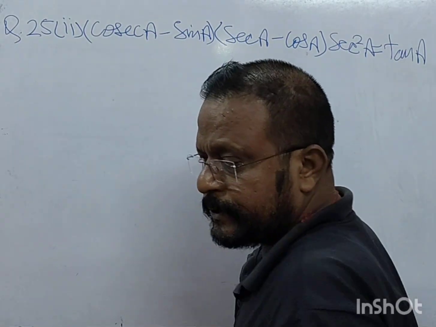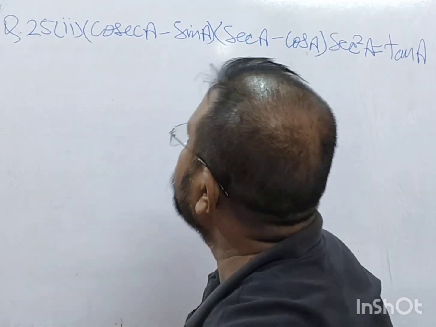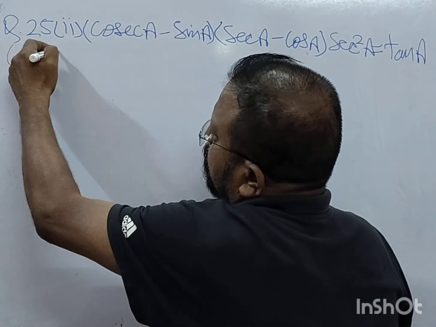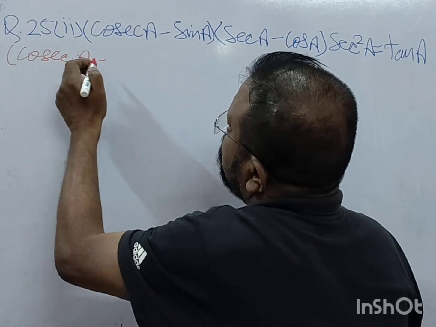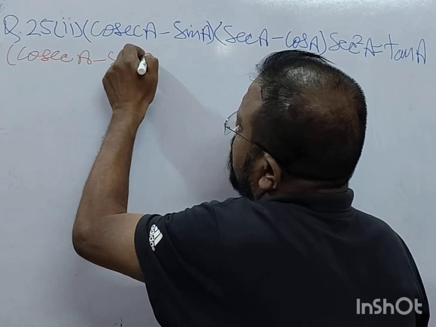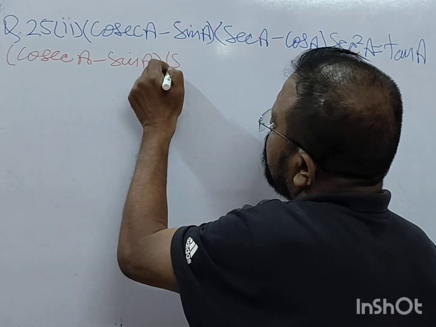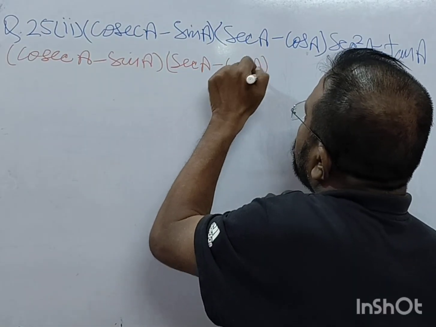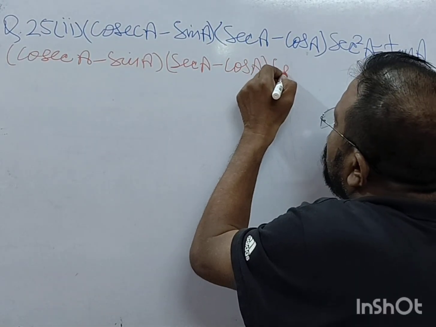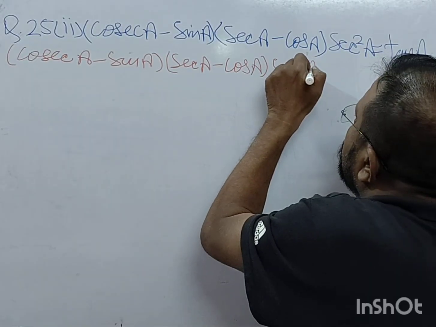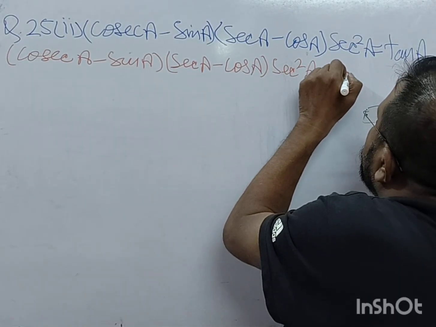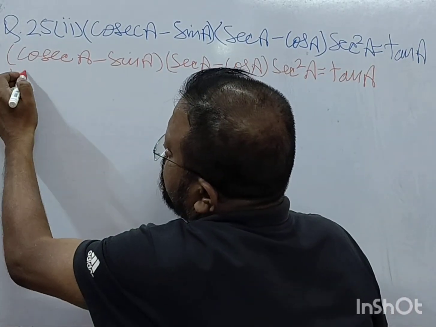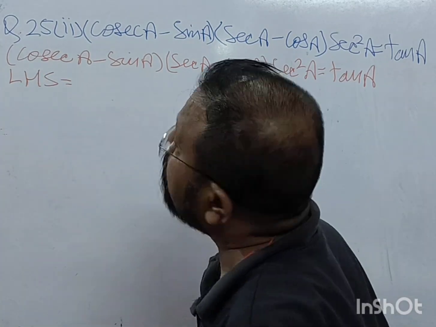So we can write it like this: cosec A minus sin A, bracket sec A minus cos A, bracket of sec square A is equal to tan A. So we have LHS is equal to what?